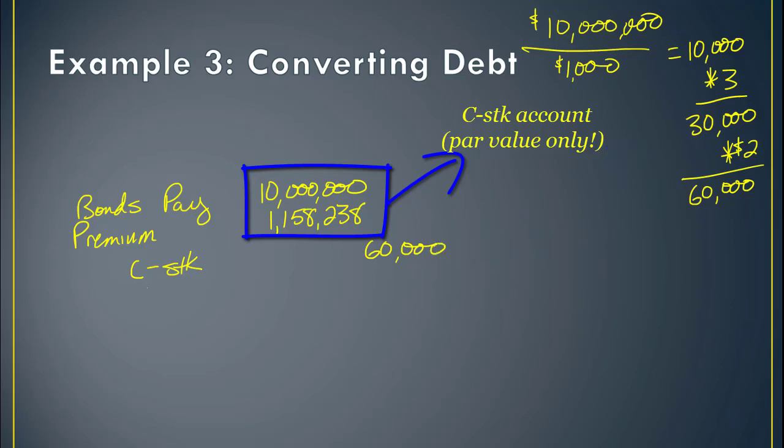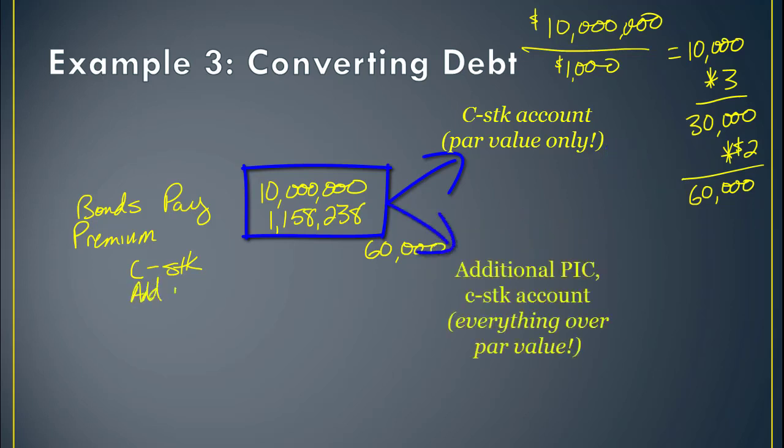Now anything over par goes into an account called additional paid in capital common stock. So I take my 11,158,238, that's my total debit. I subtract out the $60,000 that goes to par, and the rest goes into additional paid in capital common stock.